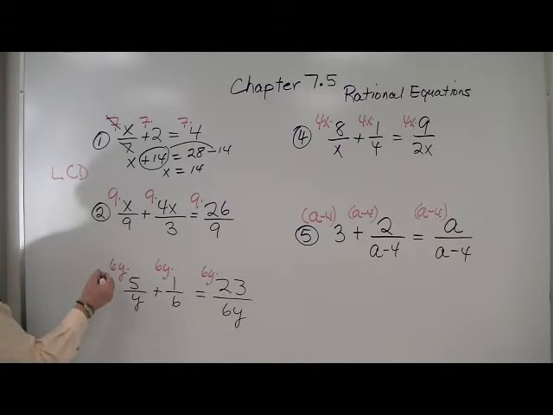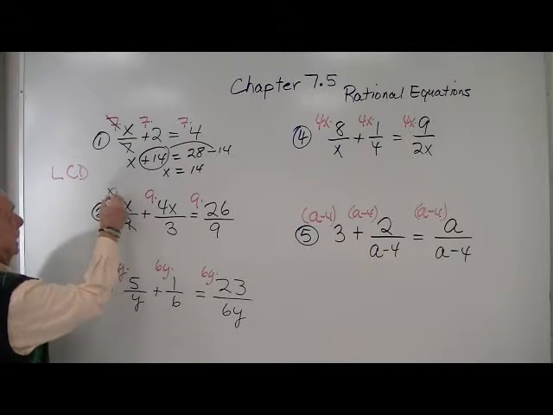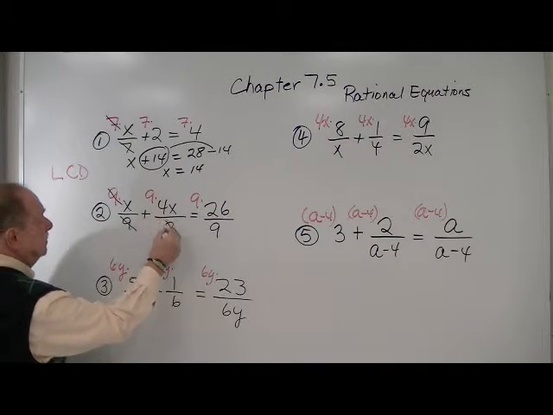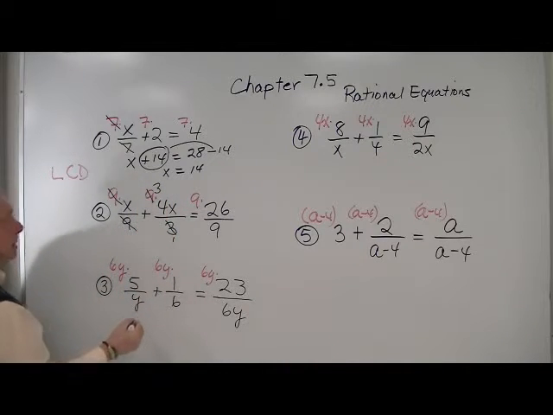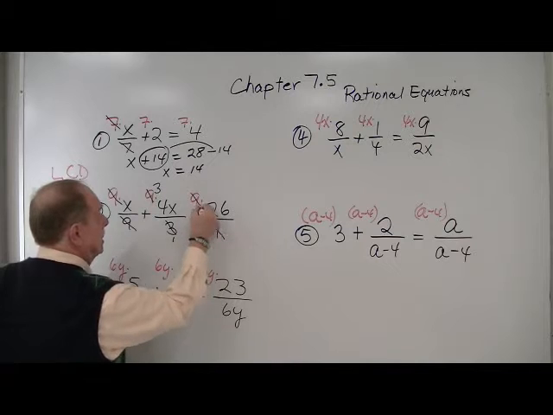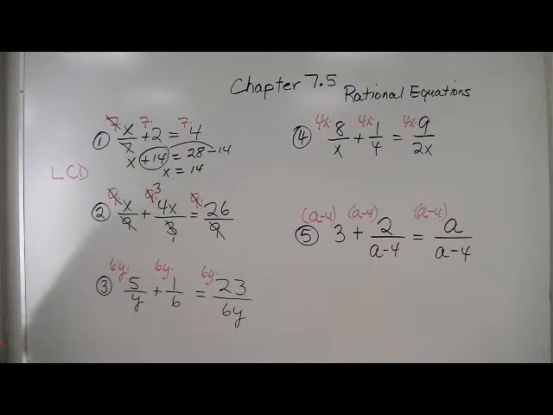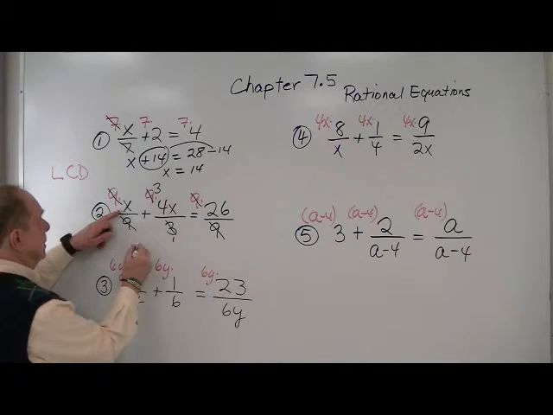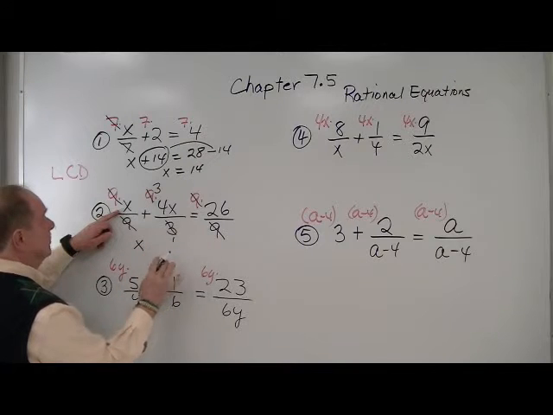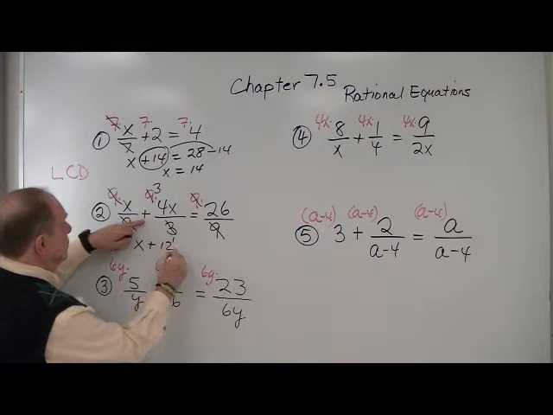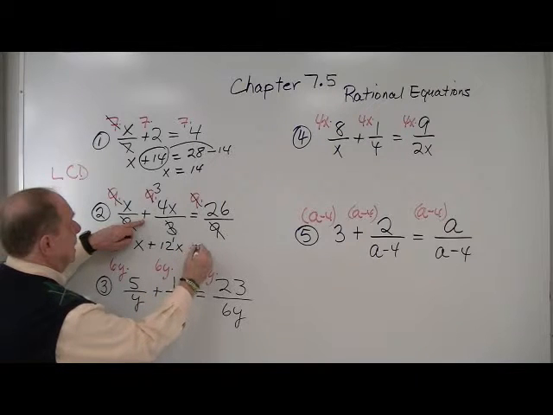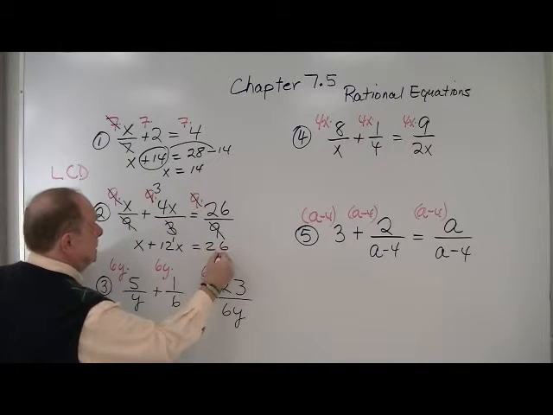All right, in number 2, again, the 9's cancel out. You're left with a 3. So when you rewrite this, this is going to be x, probably should have left more room here, plus 12x equals 26.